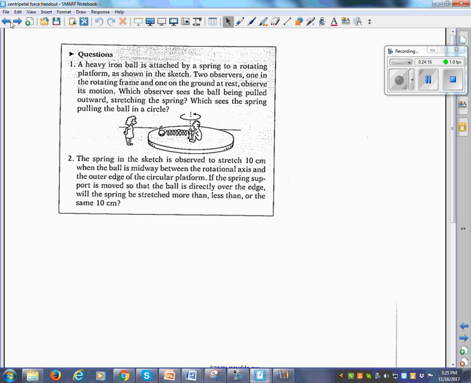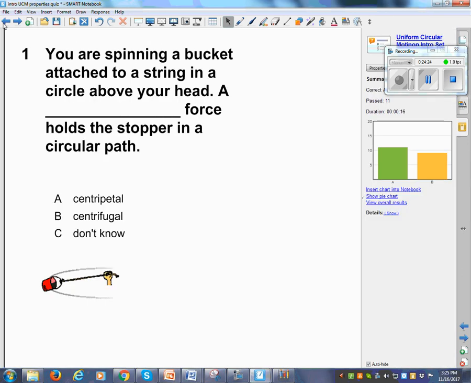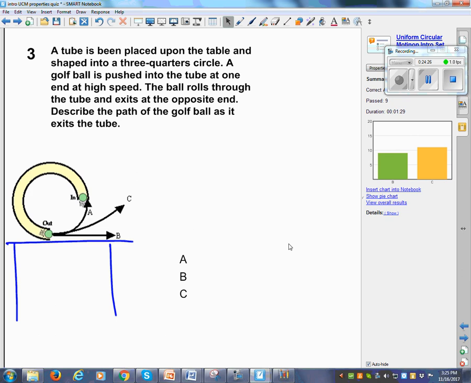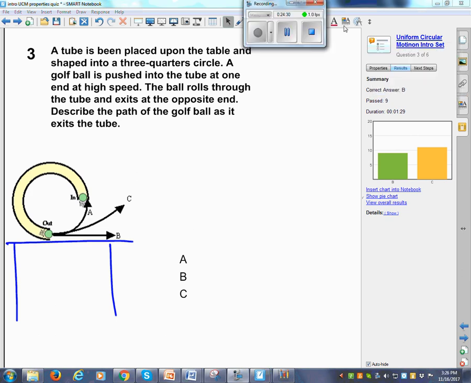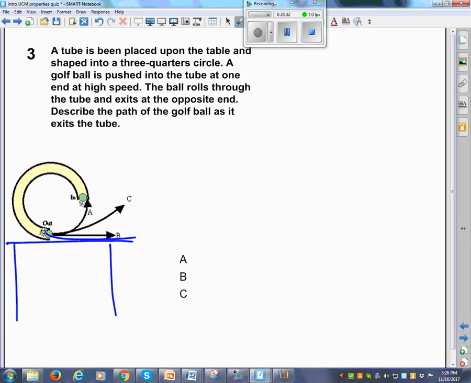You have a question? That one is B, because objects in motion stay in motion. There is no force putting it up.